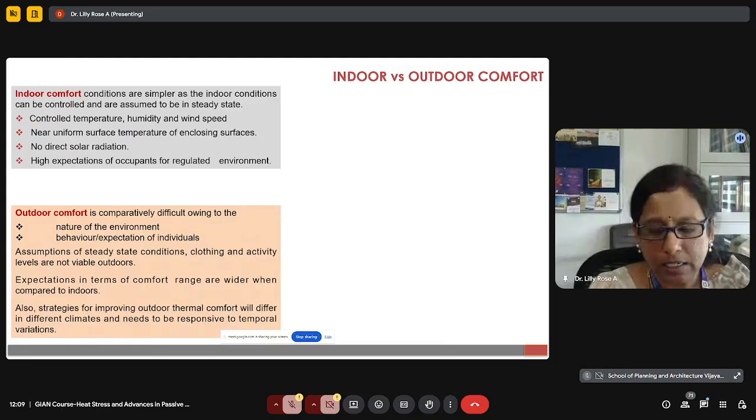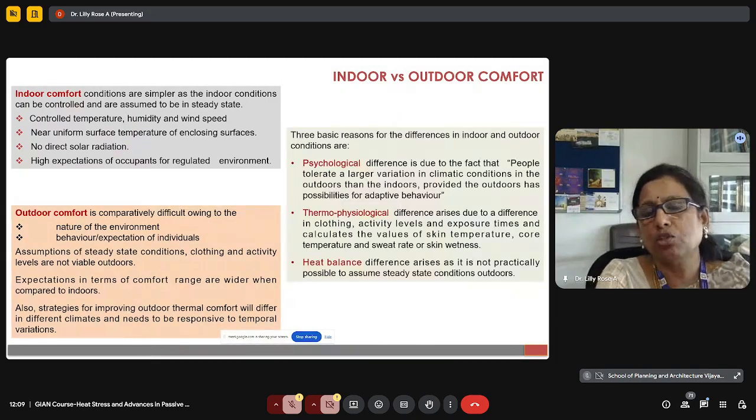It also varies in terms of the expectation of individuals, and there are three basic parameters which differentiate indoor from outdoor conditions. Basically, in terms of the physiological aspect, that is our adaptive nature, people tolerate a larger variation in climatic conditions outdoors when compared to indoors.